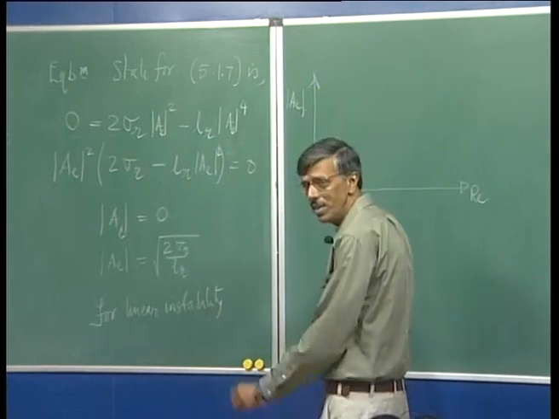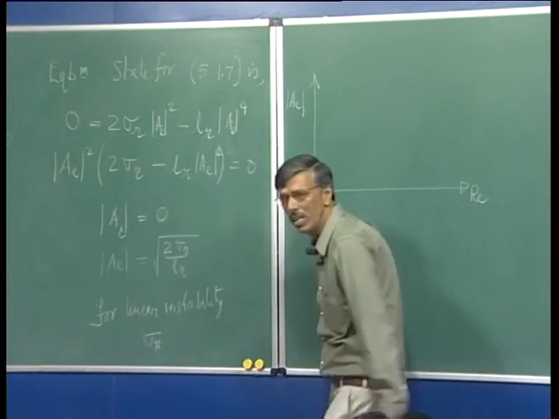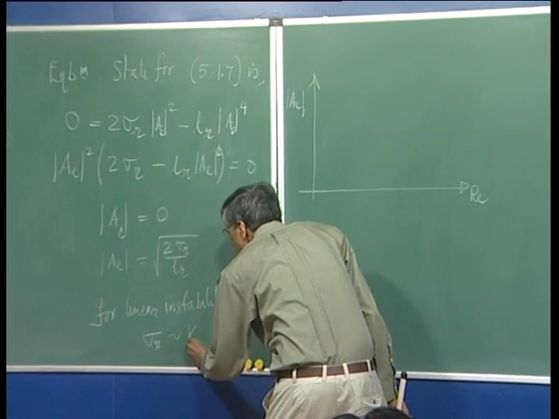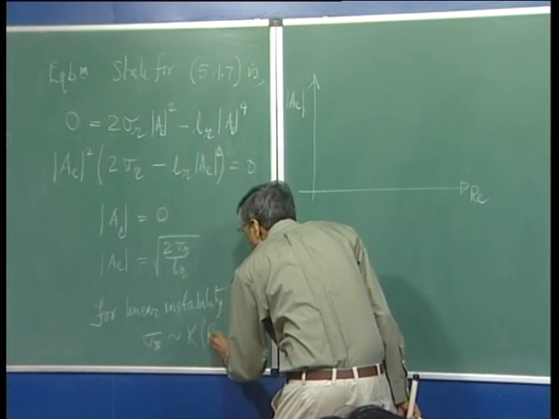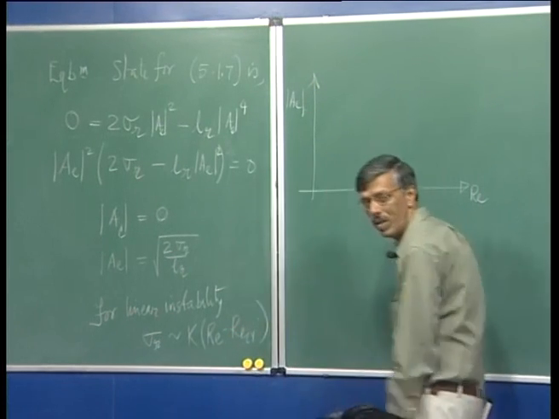For linear instability, what I find is that in the post-critical case, it goes as some k times R e minus R e critical, right.